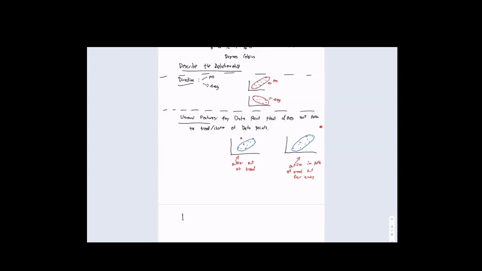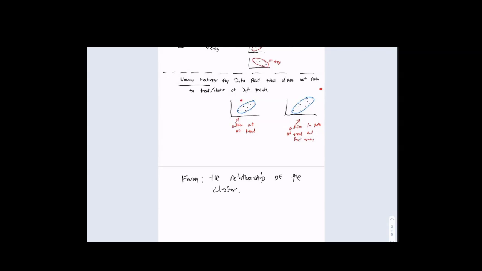Form. Okay, the form, remember, there's either linear or nonlinear. It is the relationship of the cluster. Do not take into account outliers.